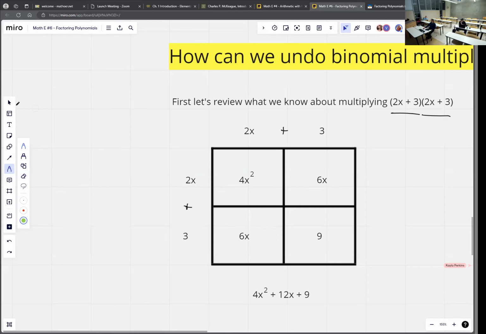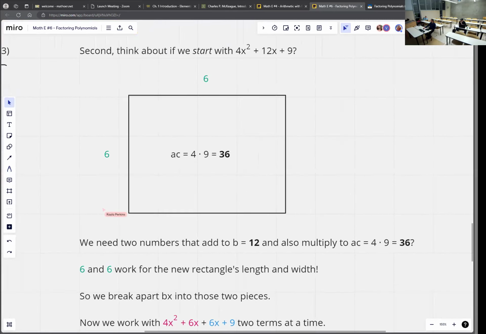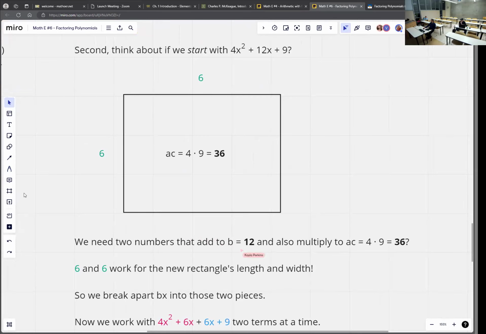So what we're wondering is how could you ever do that backwards? I know, right? I am drawing a rectangle, but this is a completely different rectangle. This rectangle doesn't have four corners. That's the main difference. And we're also starting on the inside and working our way outside.